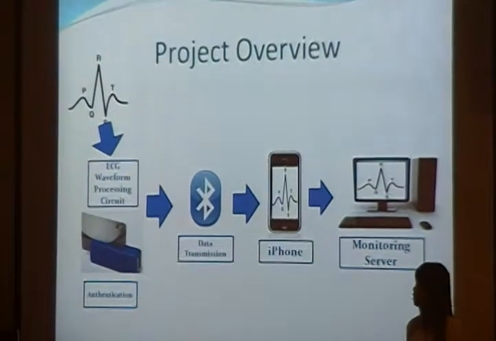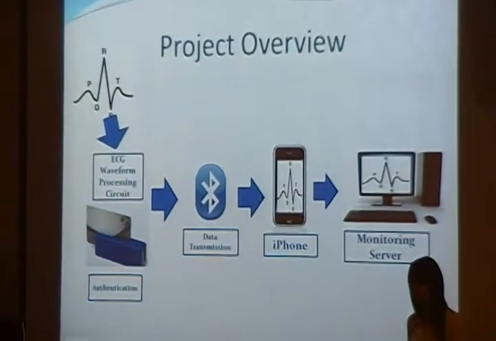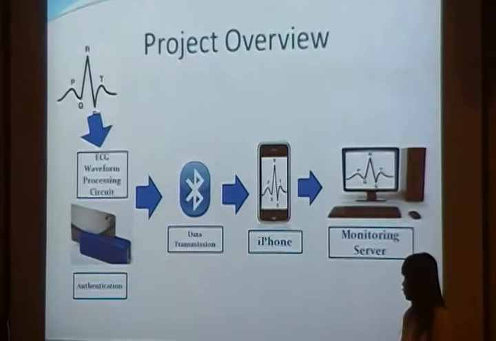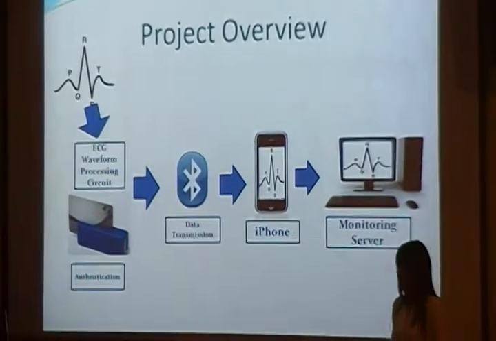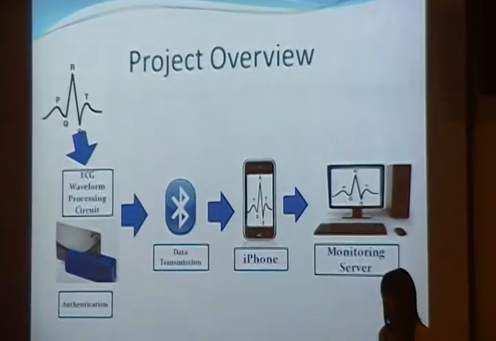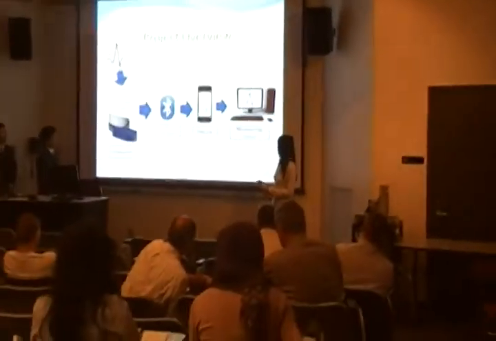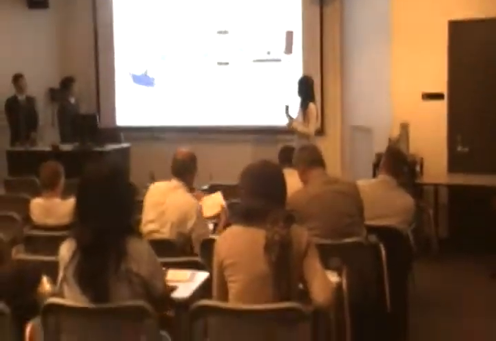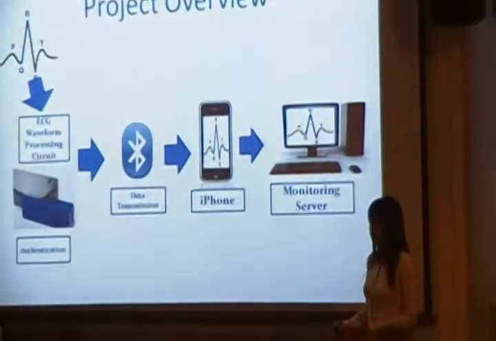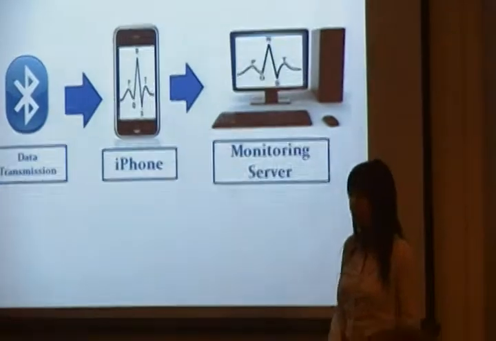We use the circuit to capture the patient's ECG waveform and transfer it to the iPhone using Bluetooth. The iPhone application then transfers the data to the server, where the doctor can monitor the waveform on a computer and notice if the patient is in need of help.